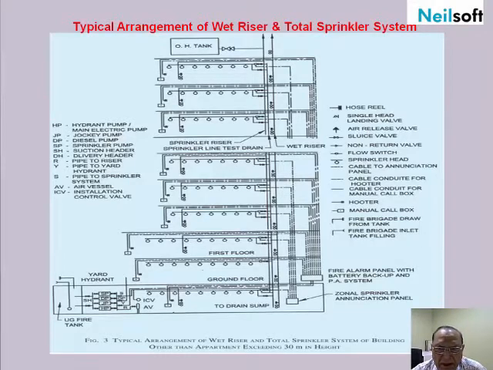In this slide, what we see is a schematic diagram. Here we are seeing the major items which we had seen or discussed in the previous slides for the firefighting installation of different occupancies.